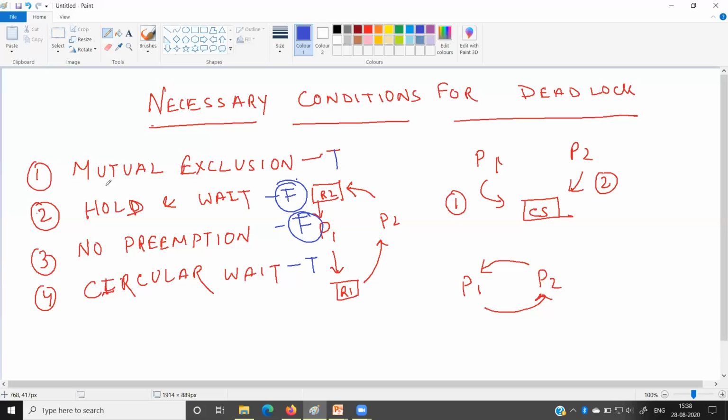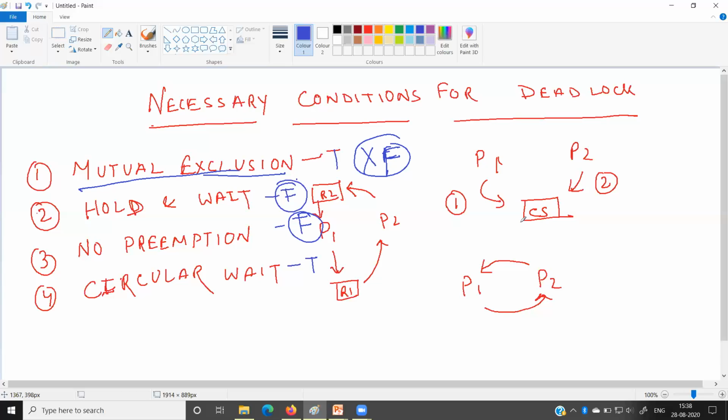But mutual exclusion, remember one important point, we cannot make it false. It is not possible to make the mutual exclusion false. Why? Because if you make the mutual exclusion false, that means you have to allow both the processes P1 and P2 to access the critical section at the same time, which in turn can create data inconsistency.